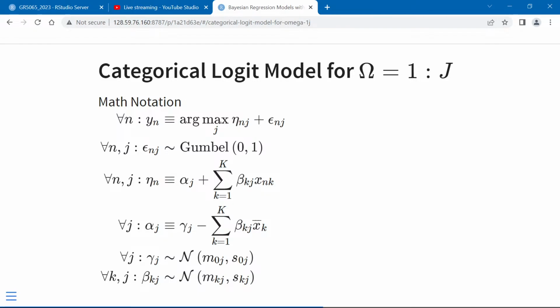And then we're going to have the corresponding errors. Those errors are assumed to be drawn from a standard Gumbel distribution, which we have not encountered yet, but no big deal. It's a probability distribution. Happens to produce errors that work well in this situation.